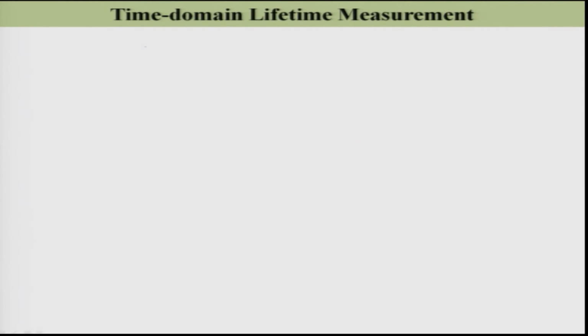In the time domain there are 3 different ways to measure it. The first one, let me write, is time correlated single photon counting method. In short, it is known as TCSPC.